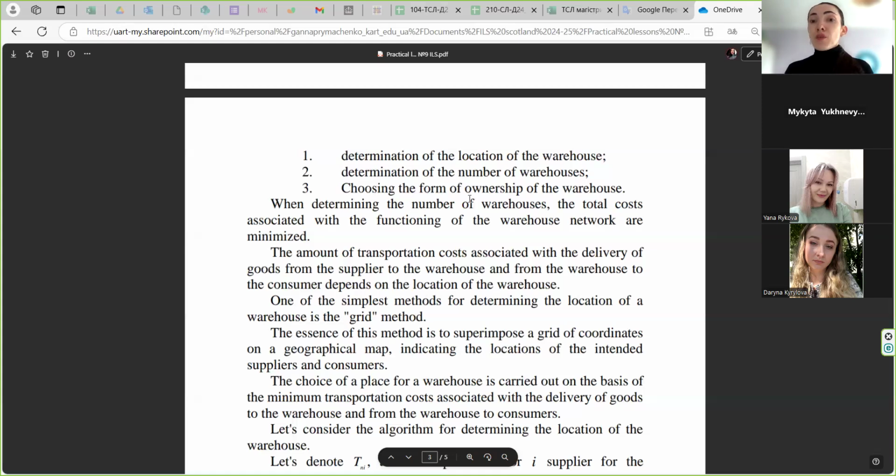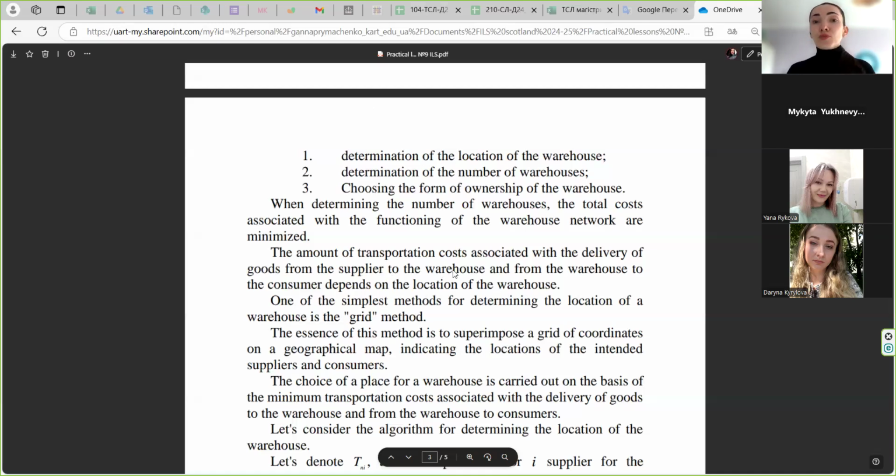When determining the number of warehouses, the total costs associated with the functioning of the warehouse network are minimized. So it is our good decision today to find the cost-minimizing variant, and a good variant by times, by locations and other questions.